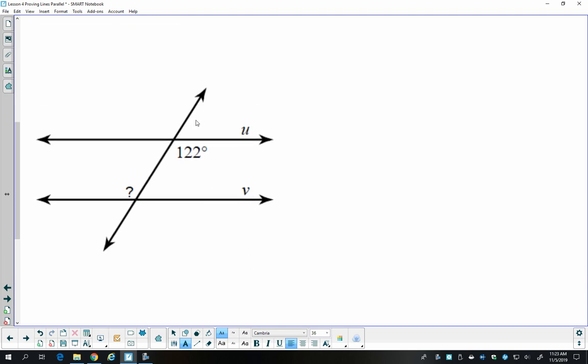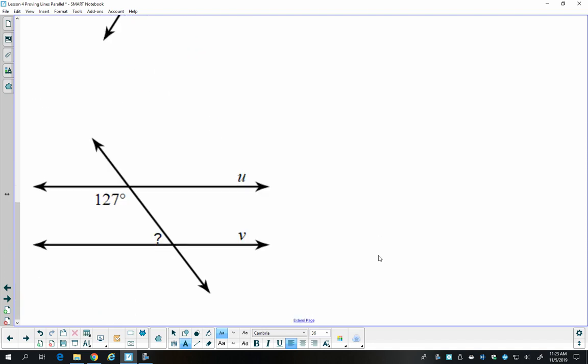Same idea here. Both of my angles, 122 and question mark, are on the interior of U and V. They're on alternate sides of the transversal, and so they're alternate interior angles. If those two angles are congruent, then we'll know U and V are parallel, so question mark needs to be 122 degrees.